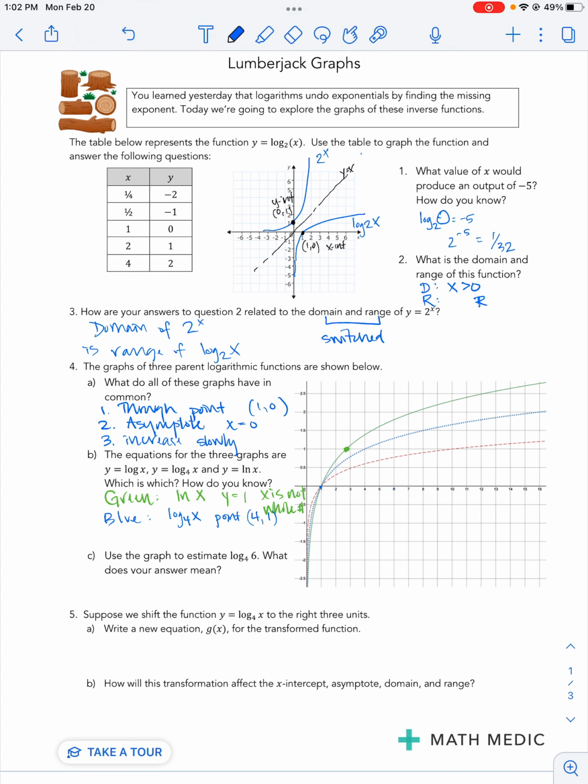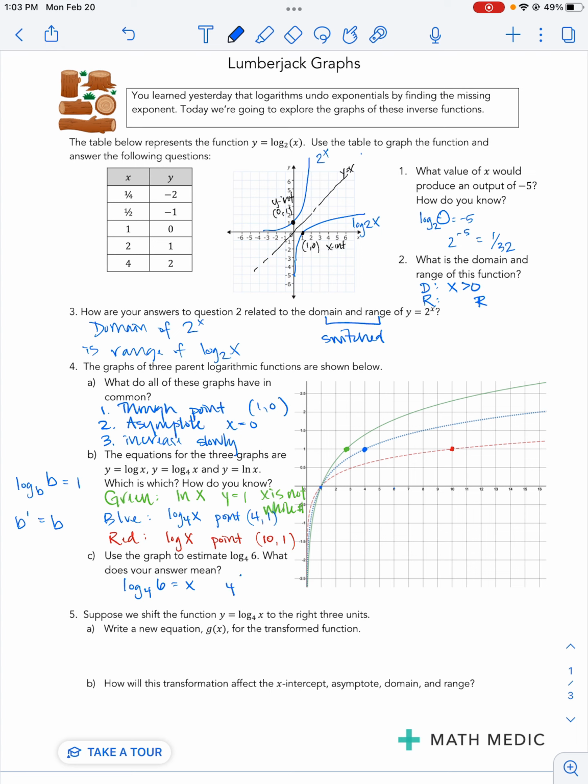So how could you estimate log base 4 of 6? Well, what that's really asking is, what do I have to raise 4 to get 6?